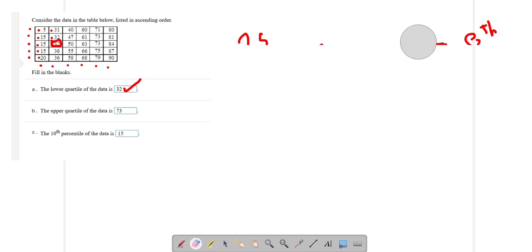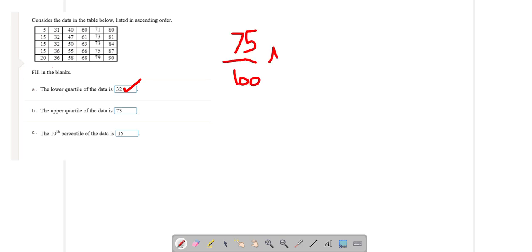Next question is about the upper quartile, which is basically the same. It's just 75%. 75% of n, which is equal to 75 over 100 times 30, as we said. I'll plug it into my calculator, times 30, I'll get 22.5, which is equal to 23, as I said, always round up.